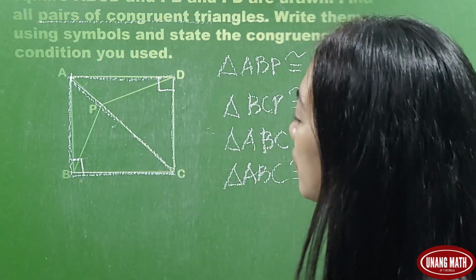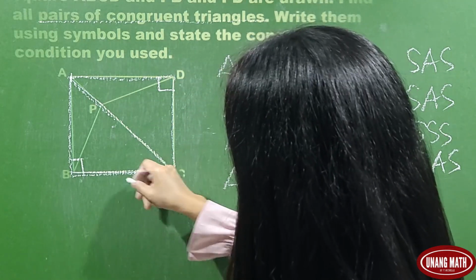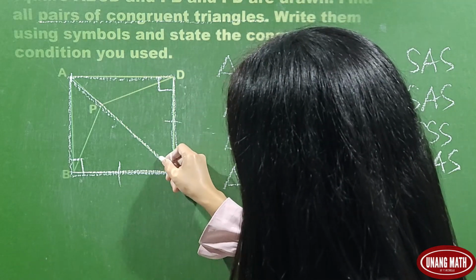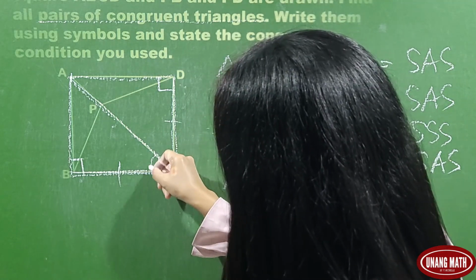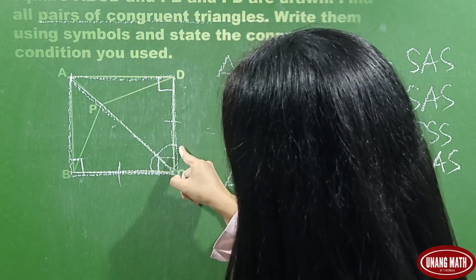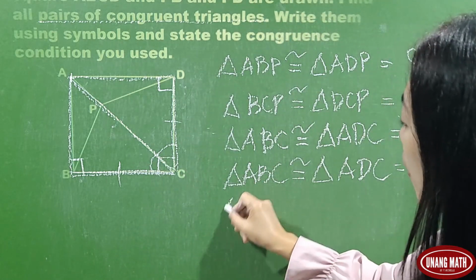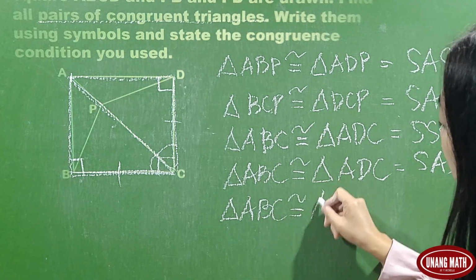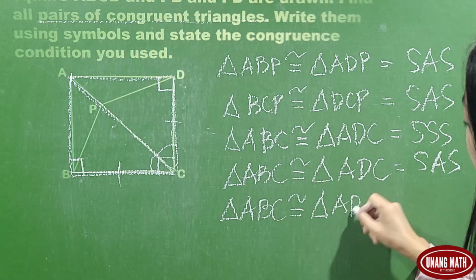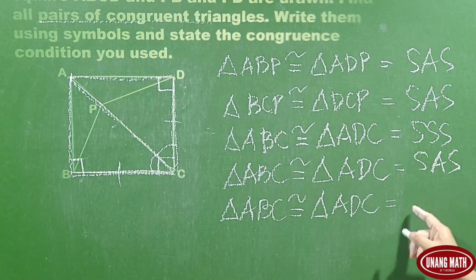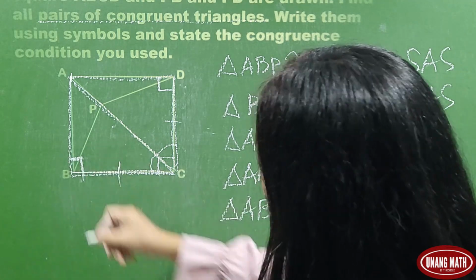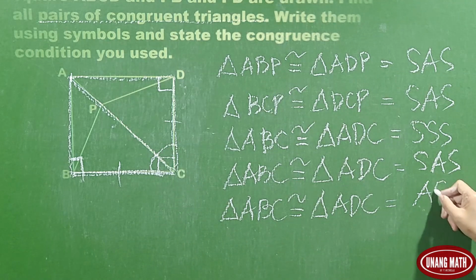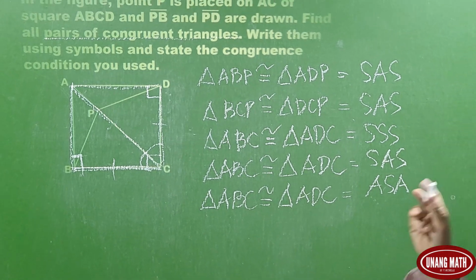This is also 90 degrees. This side is the same length as this side. And since this is also 90 degrees, half is 45, this is also 45. So the triangles are congruent. And what congruence condition? We have angle, side, angle. So the ASA condition.